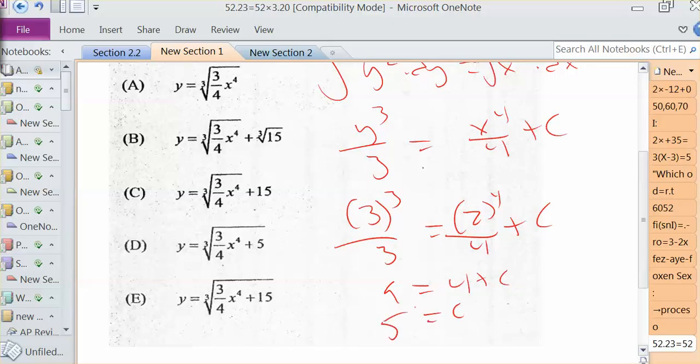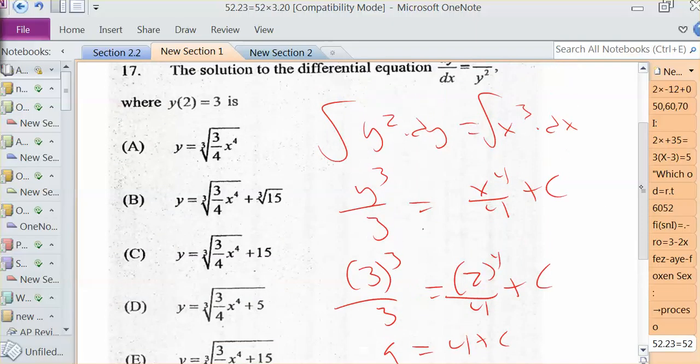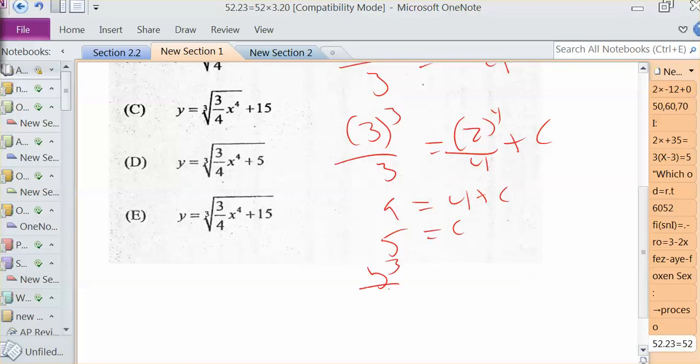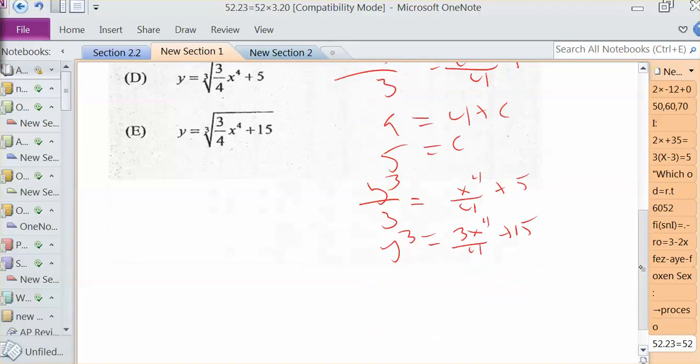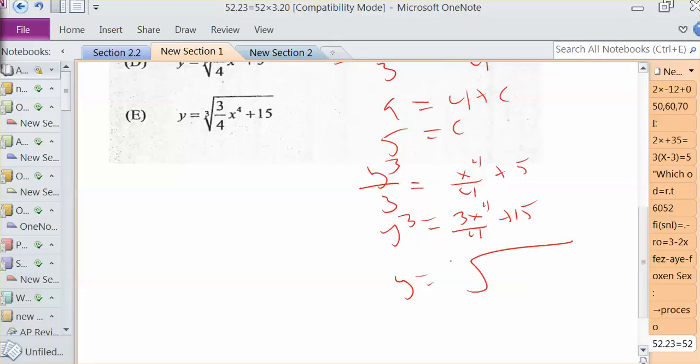So C is 5. And cube root. And so it's E.